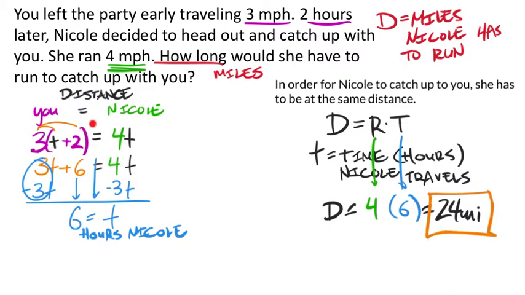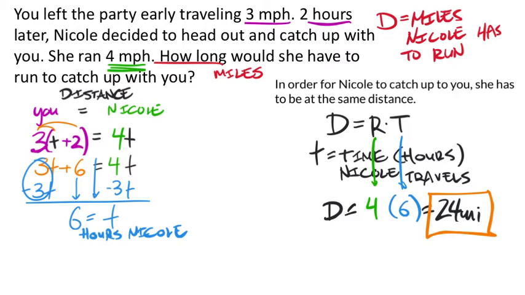But again, this one was very different, I would say, because we did set up the distance, but we also had to have a variable in there. We didn't know how much time it took her, but the time was what helped us actually solve the problem, how many miles she had to run. How would you know that? Well, again, you may have to do some trial and error on this one.